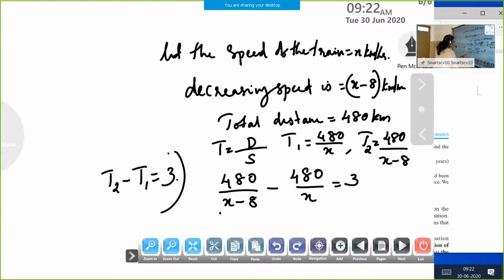Take 480 common: 480 into 1 by x minus 8 minus 1 by x is equal to 3.